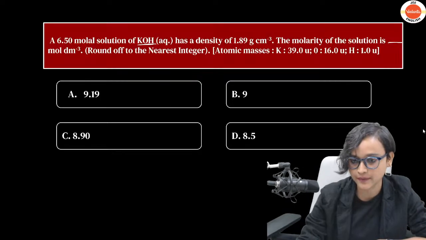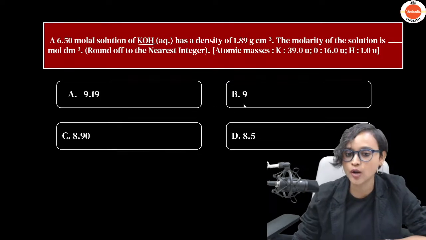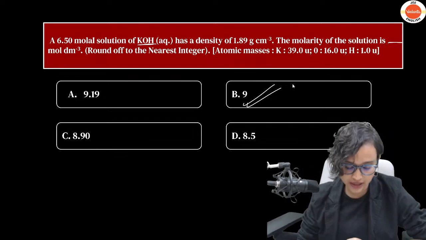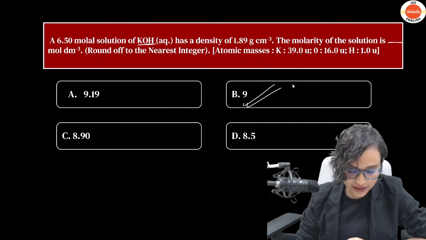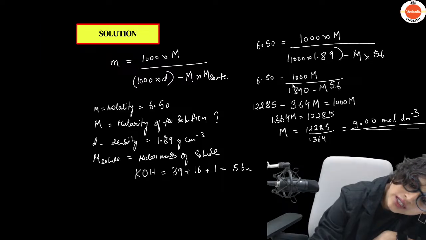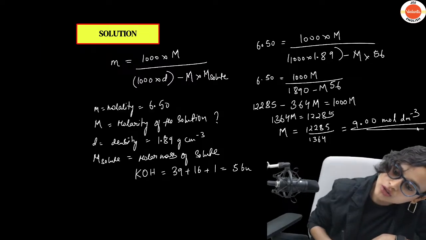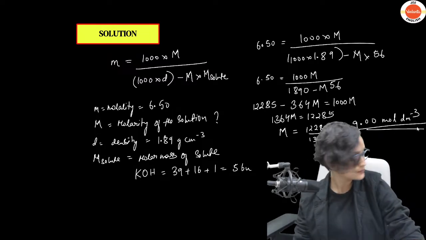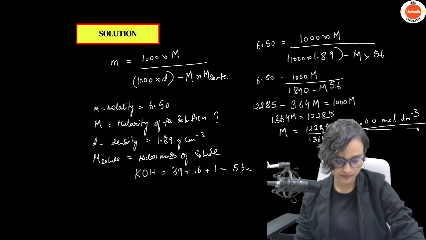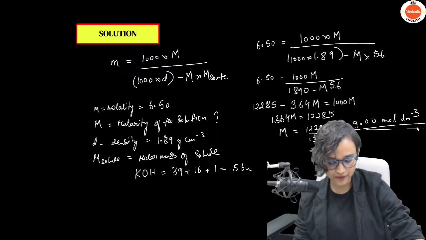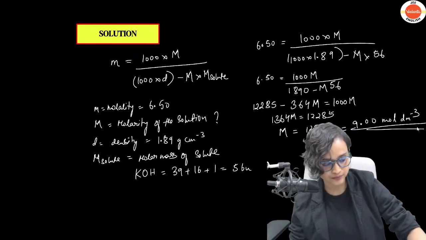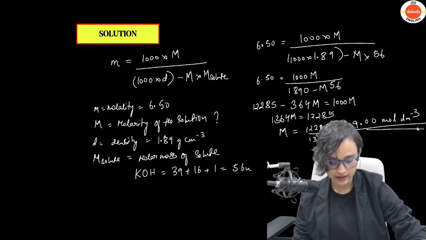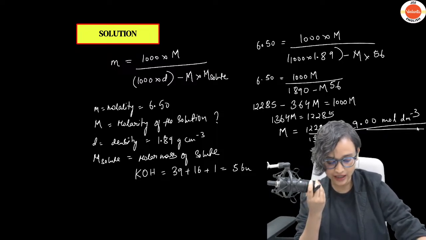So option B is the correct answer. Got it? Clear? See, we got 9.00 mole dm to the power minus 3. I shifted and I showed it to you.